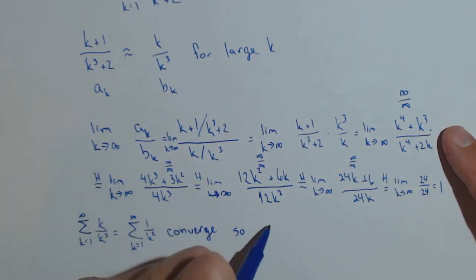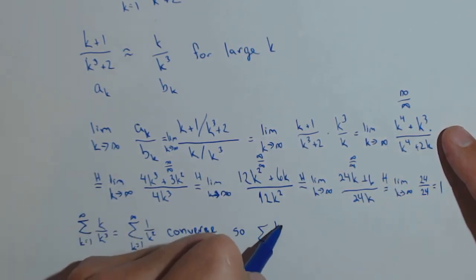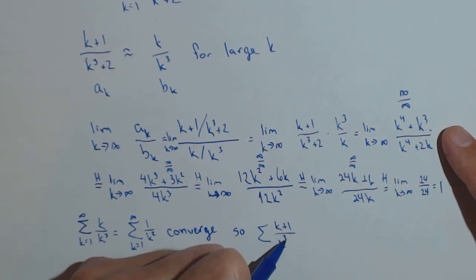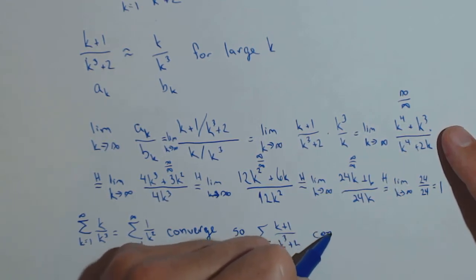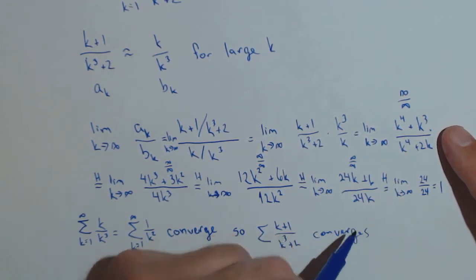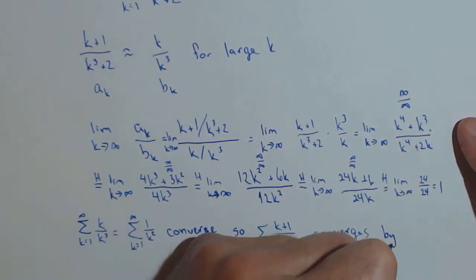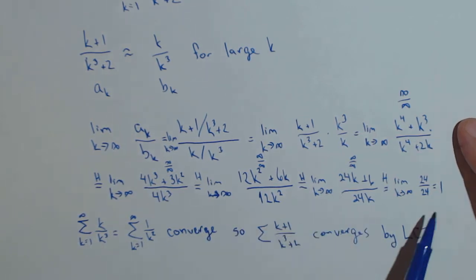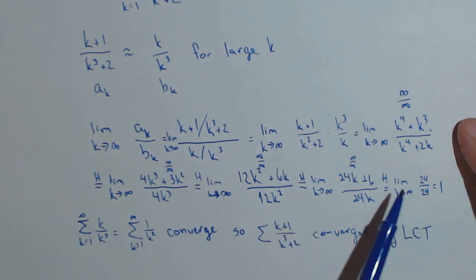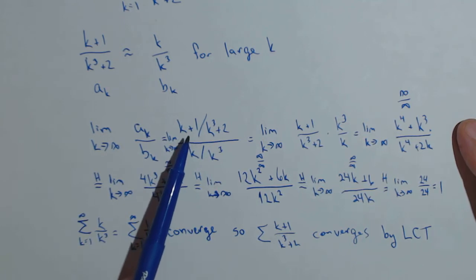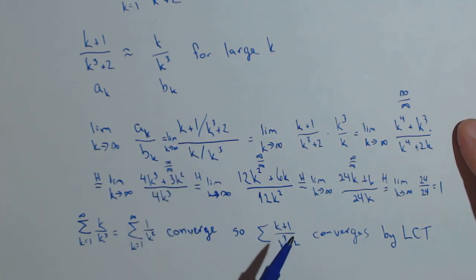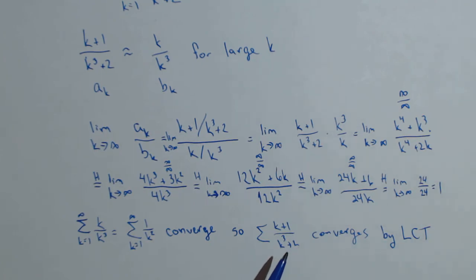So we can conclude that our original series, (k plus 1) over (k cubed plus 2), also converges, because we just found out we've satisfied the hypothesis for the limit comparison test. The limit comparison test says if the ratio of their sequences goes to a non-zero finite number, then they either both converge or both diverge. Since this was convergent, we can say the series we were given converges by the limit comparison test.